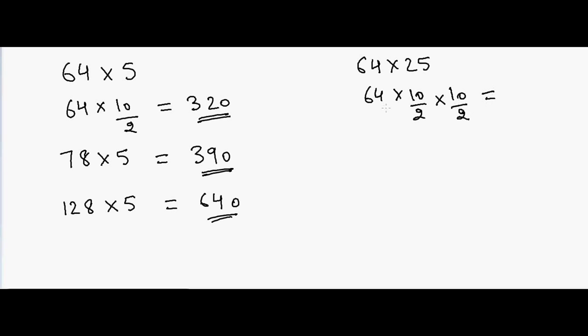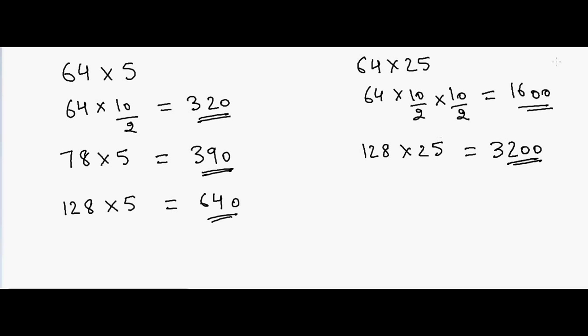Half of 64 is 32, half of 32 is 16. The answer is 1600. Again, if I have 128 and want to multiply by 25, in that case it will be equal to half of 128 is 64, and half of 64 is 32, it's 3200.